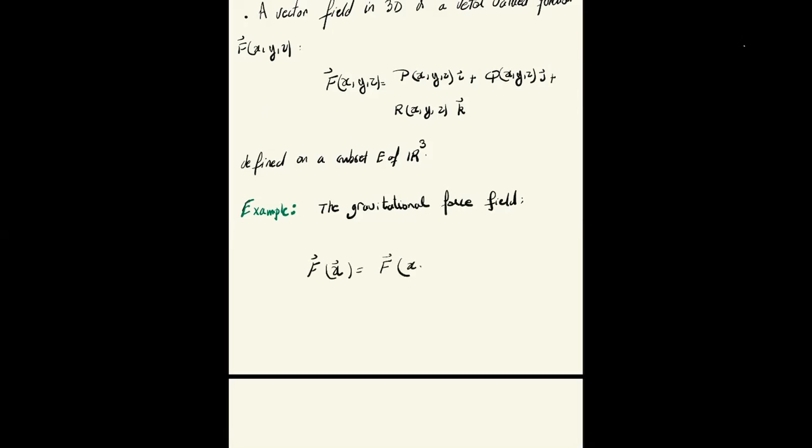I'm going to change the notations here. It's F evaluated at the point X. This is the point X. So sometimes you're going to see X, sometimes you're going to see x, y, z. So F of X is given by minus M, capital M, G, X over norm of X cubed. But that was in the assignment at some point, right?